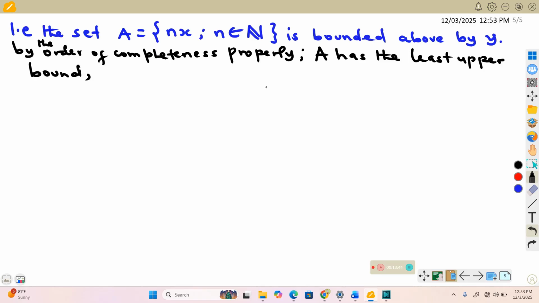So if it is having the least upper bound, let's say that that least upper bound is maybe u.